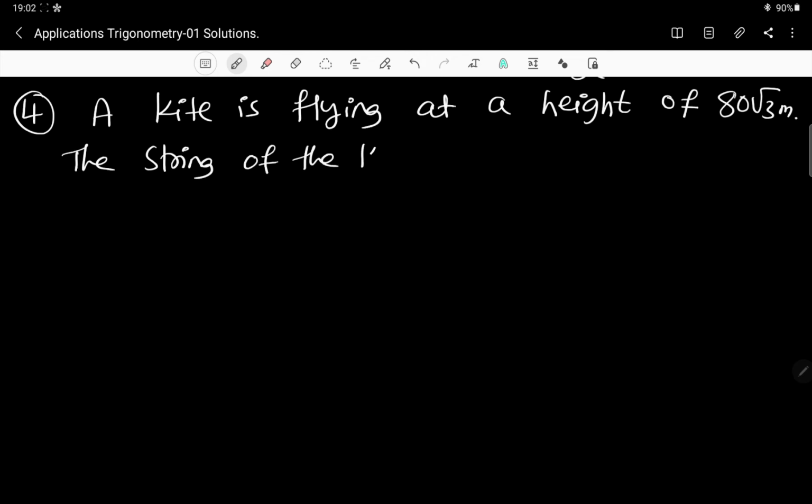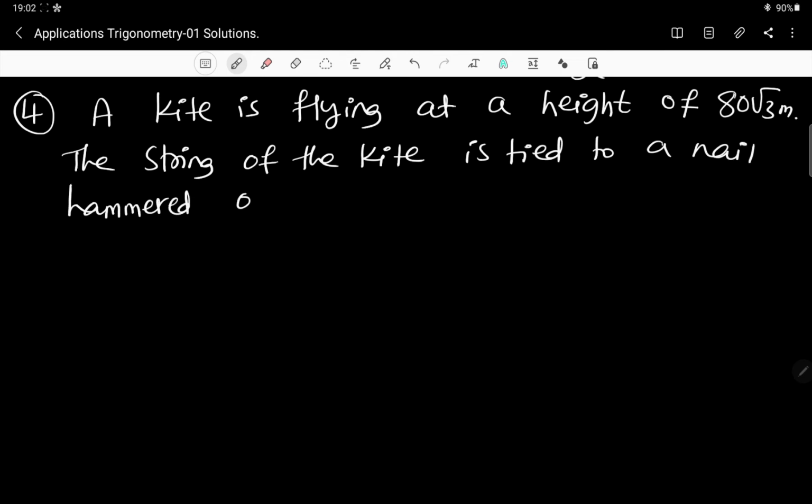is tied to a nail hammered on the ground. I mean, there is a nail. I mean, temporarily they must have tied it.